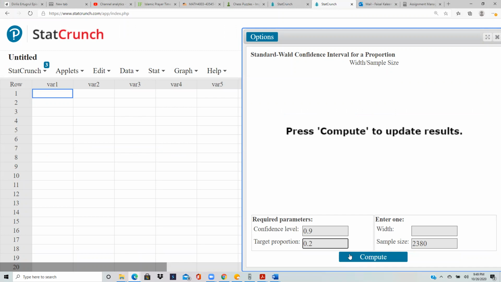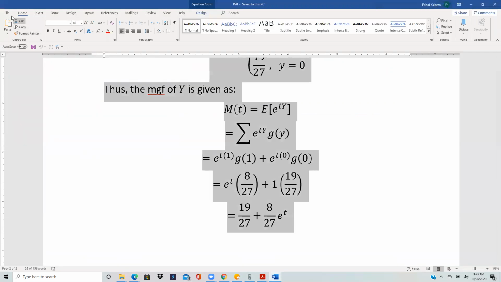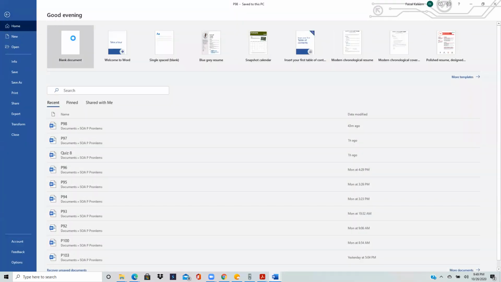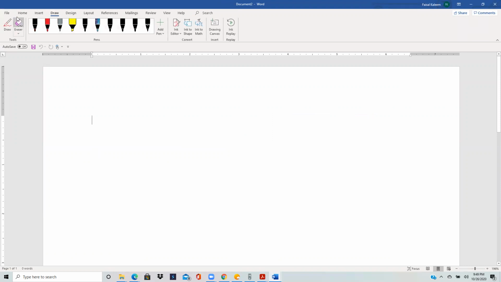So remember, we drew a picture last time. And in that picture, in fact, let's draw that again. And the picture was saying that the margin of error is half of the interval length.